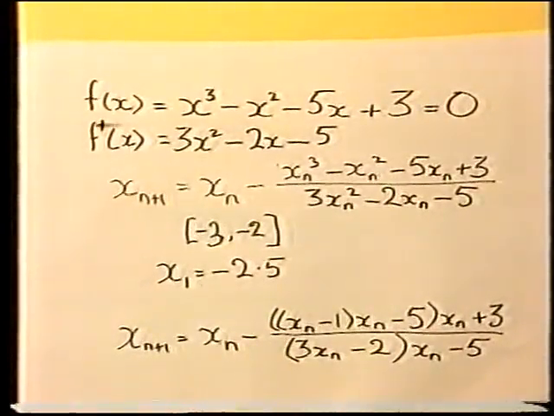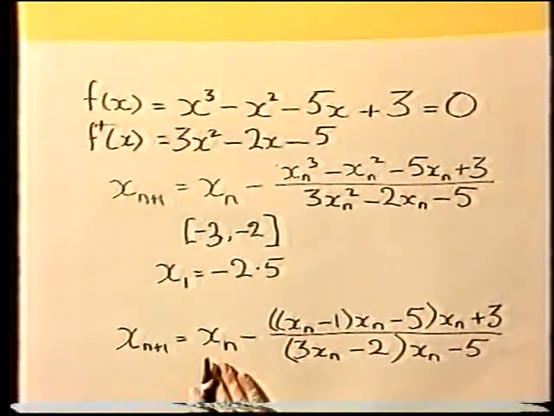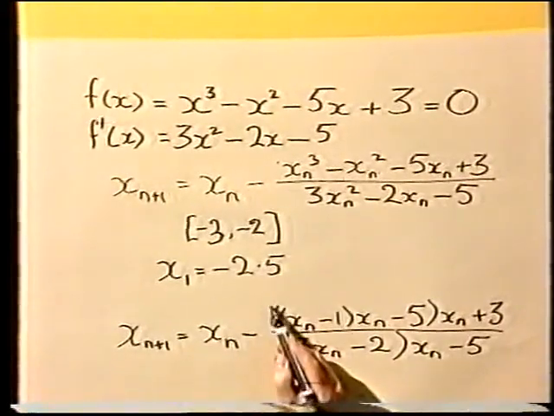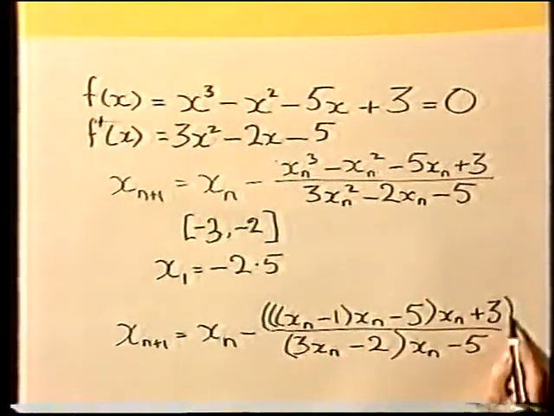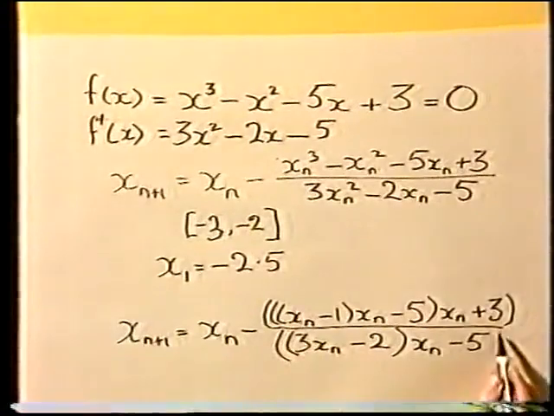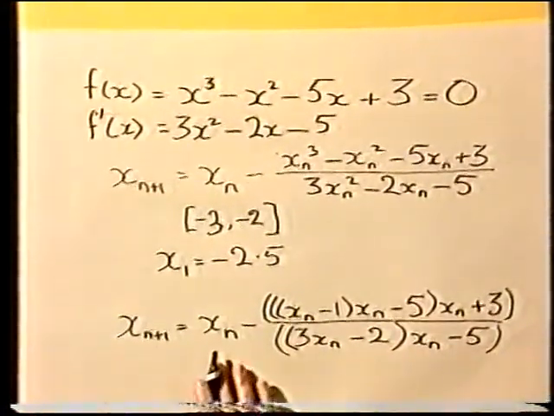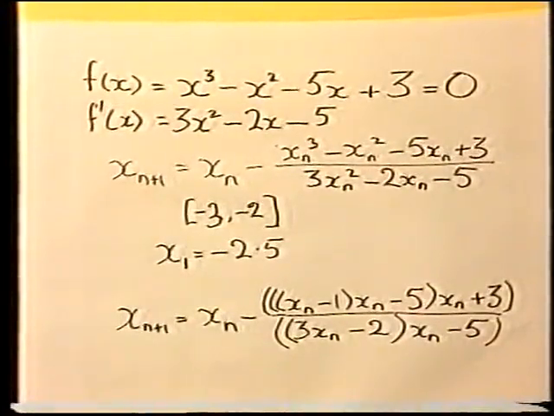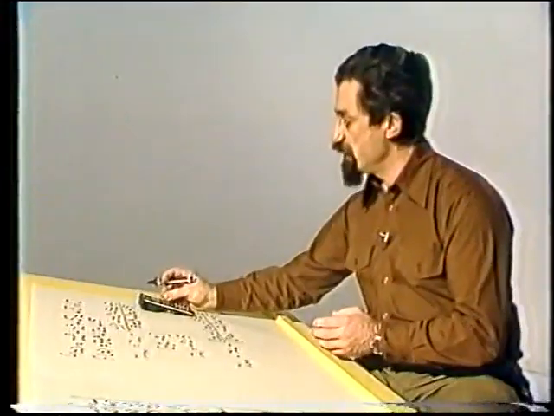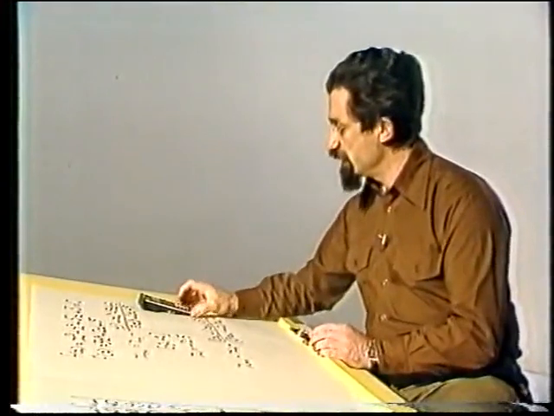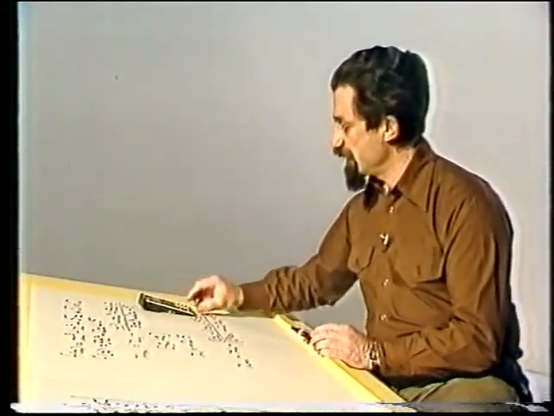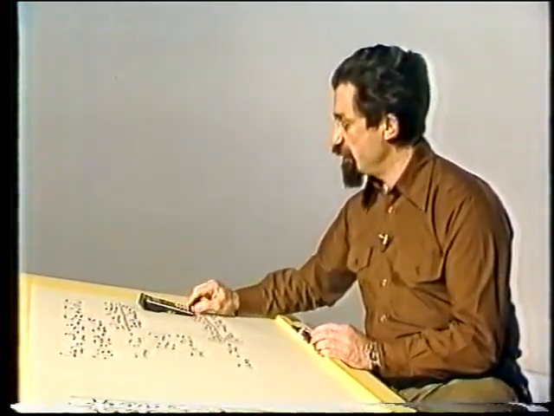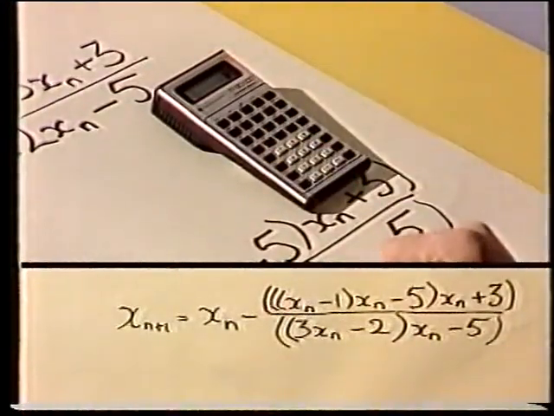So when I do the calculation, I'm going to take the current approximation, and I'm going to work out this divided by this bit, and then subtract it from my current approximation. Right, now I said I would start with x1 equals -2.5, so let's do that. -2.5 minus, and store that.